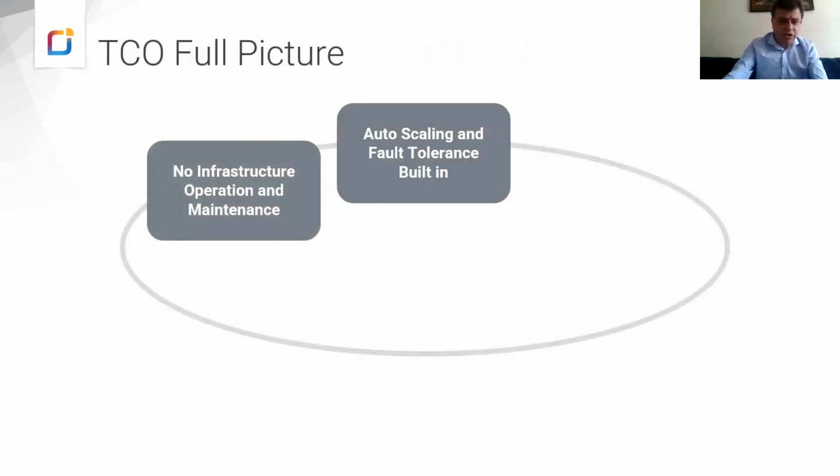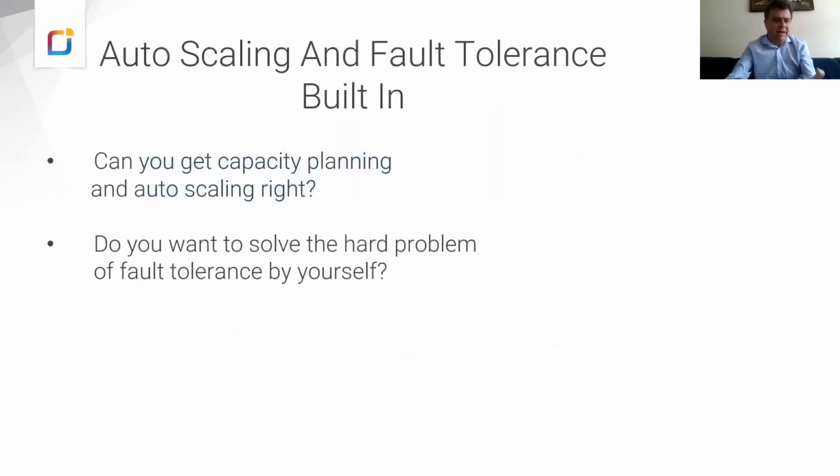So the next question is what serverless offers you: auto scaling and fault tolerance built in. And ask yourself, is it easy for your business to get capacity planning and auto scaling right? For us at IP Labs, we have our Christmas business, where people are purchasing products like calendars and photo books of the year, and we see 10x and even more spikes.